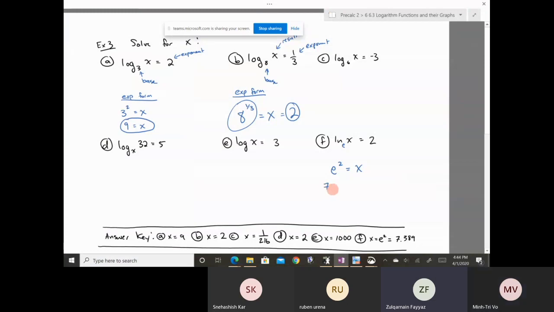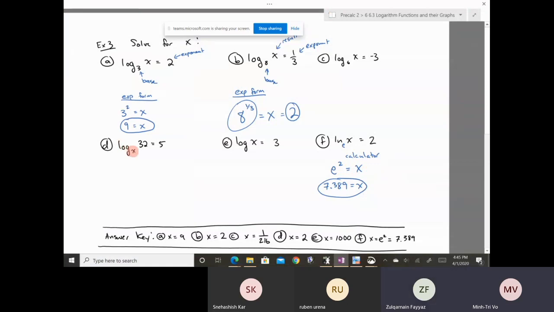So that's our x. So this one you need to use the calculator for. Basically, once you have it in exponential form, that'll tell you what you have to calculate.